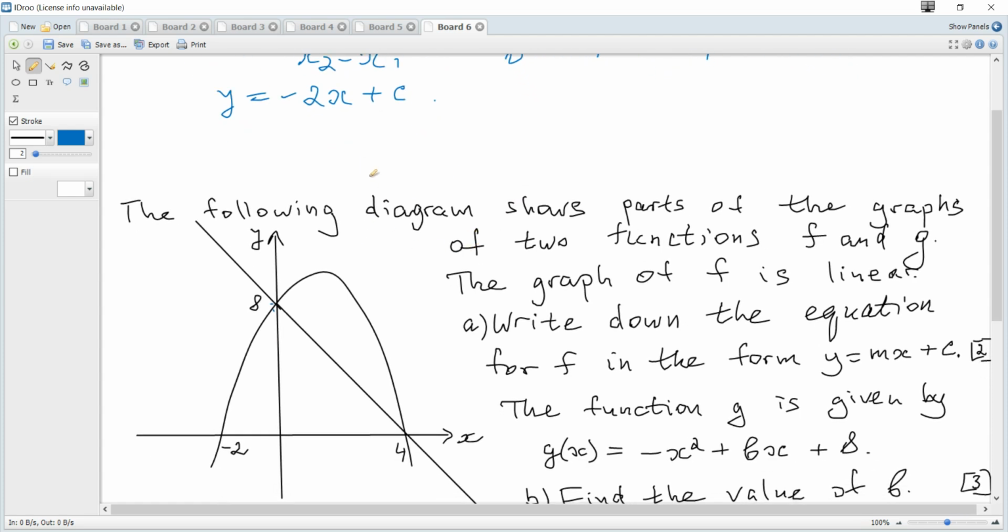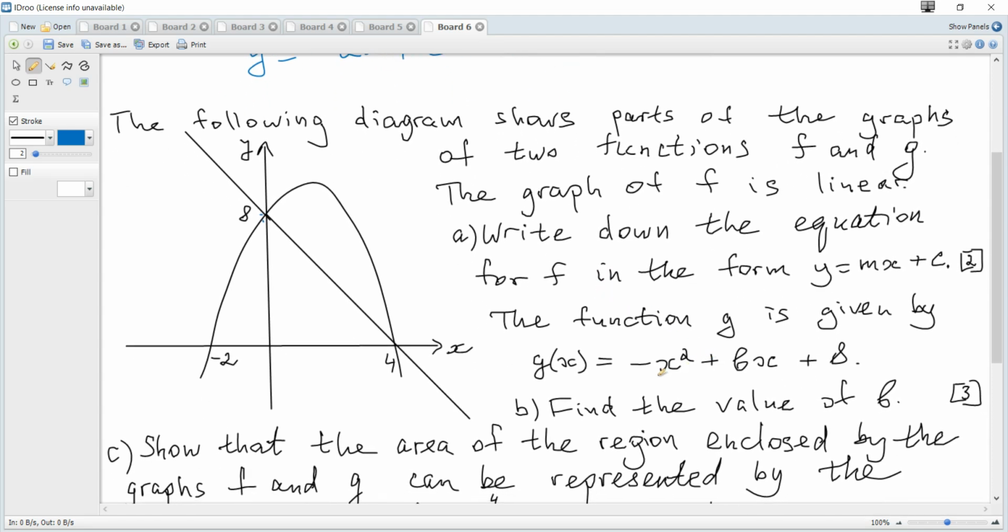In general, you may substitute absolutely any point which lies on the line for x and y to calculate c, but here c is equal to the y-intercept, and it's 8. So y = negative 2x + 8.